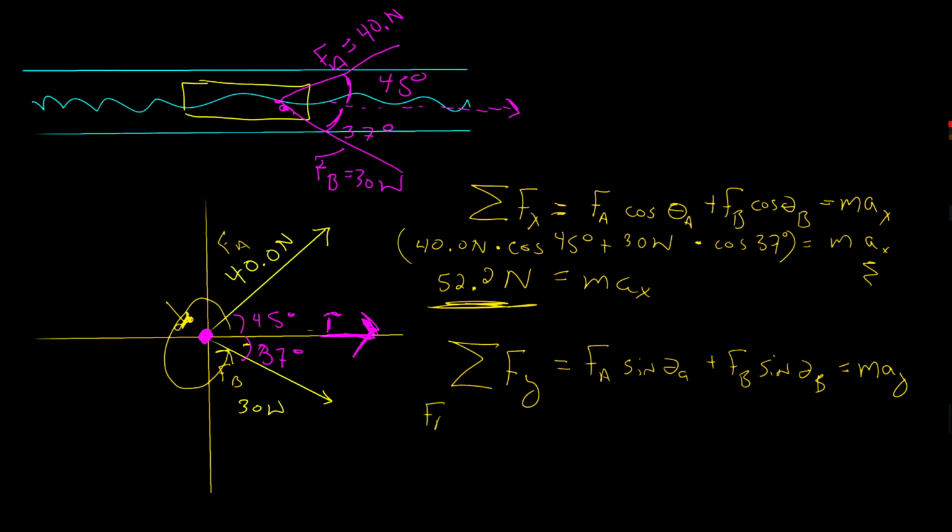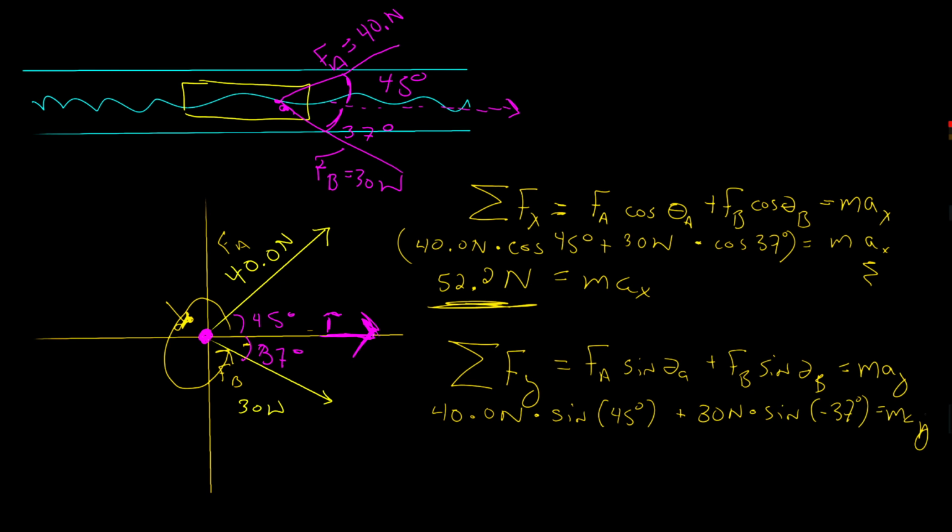So when I go F of A, let me actually put in the value of F of A, because it's still 40.0 newtons, times the sine of 45 degrees, plus 30 newtons times the sine of negative 37 degrees. It's going to equal the mass times the acceleration in y. And so I come back on my calculator, and notice the parallelism in this.